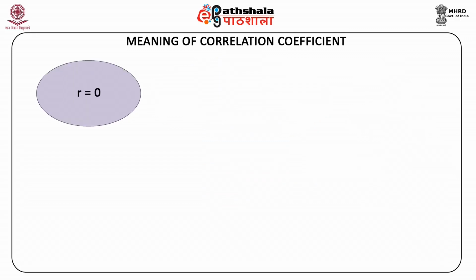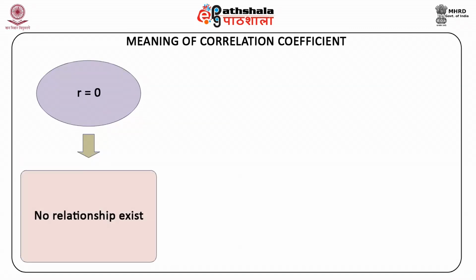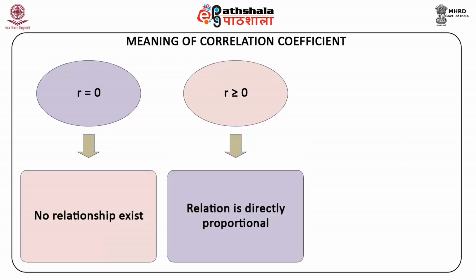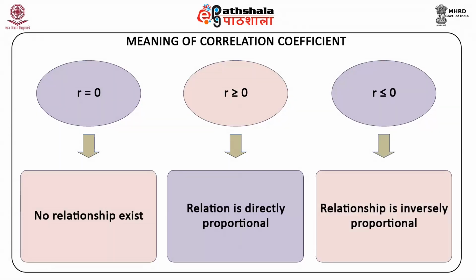If r is equal to 0, no relationship exists, and if r is greater than 0, the relationship is directly proportional. The value of one variable increases with the increase in the other. If r is less than 0, the relationship is inversely proportional. One variable decreases as the other increases.